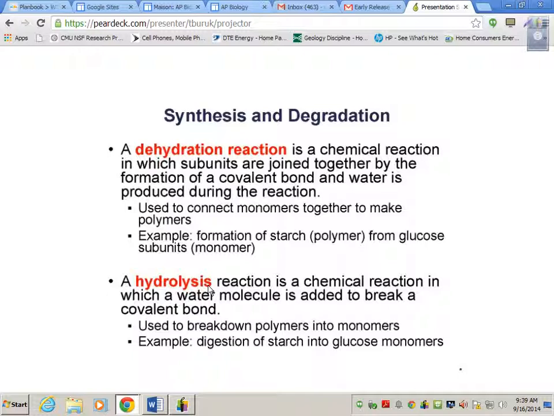What happens when you take a piece of Wonder Bread and put it in water? Or crackers in soup. It starts to break apart and dissolve, right? That is essentially a hydrolysis reaction taking place in your soup, or if you're feeding bread to the ducks in the pond. Okay? It starts to break that down.